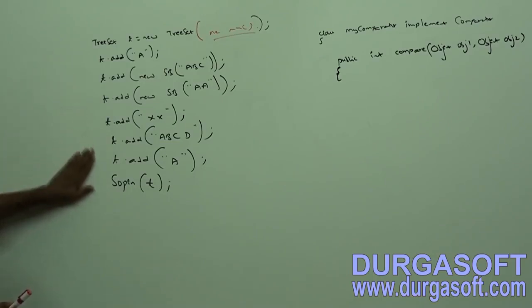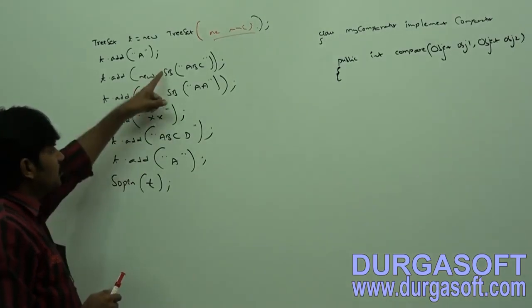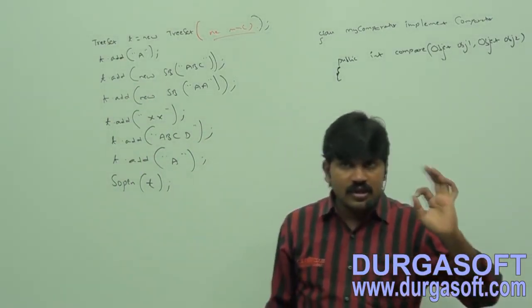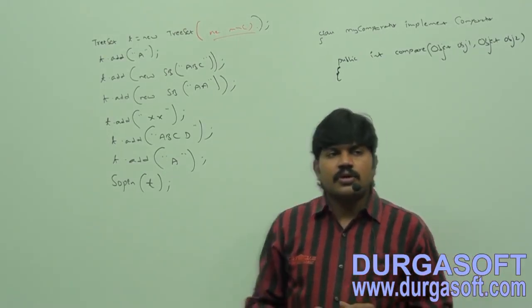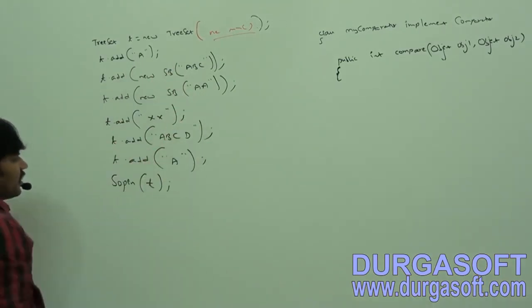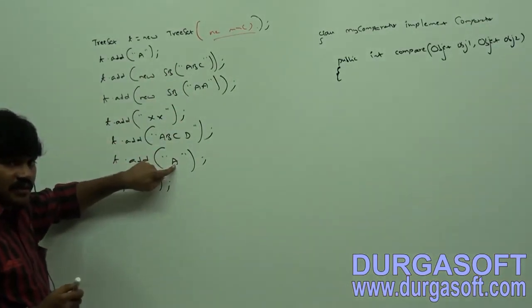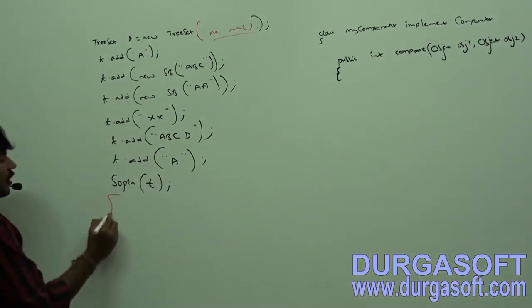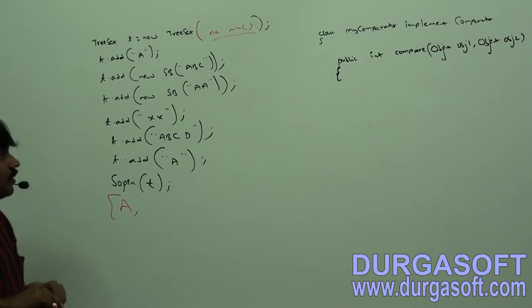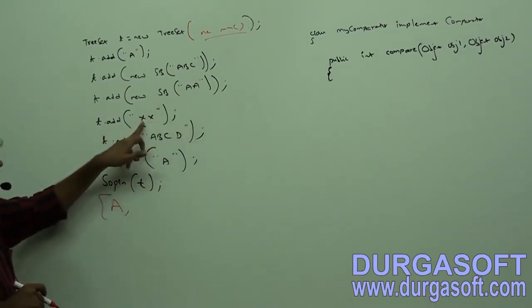Now can you tell what is our expected output? All objects should be inserted according to increasing length order. So can you tell first which thing will come? One length. How many one lengths are there? A is there. Duplicate or not? Yes. That's why consider only one A. Next, 2 length: A is there and XX is there.